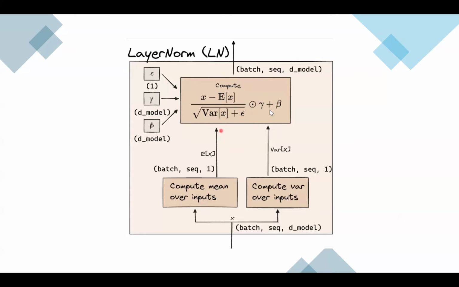To avoid that, you scale your vector back after doing this operation, because if your vector already has a distribution very close to normal, when you subtract the mean and divide by the variance, the values become very small. So to keep the processing further intact, we scale it and translate it.